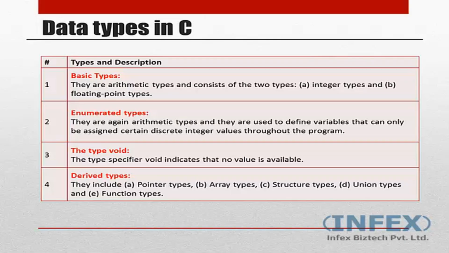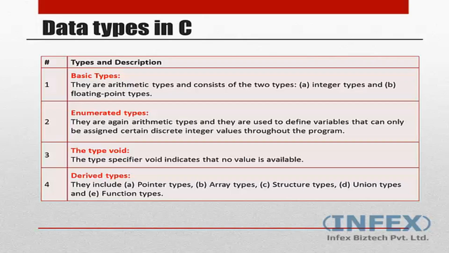They are arithmetic types, consisting of two types, integer and floating types. Second is enumerated types. They are again arithmetic types and they are used to define variables that can only be assigned certain discrete integer values throughout the program.